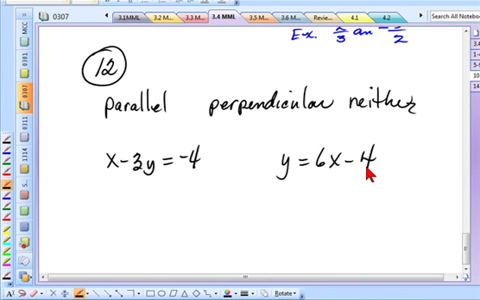All right, if I want the slope, what form does the equation have to be in? Y's got to stand by itself. So for this first one, I'm going to subtract x, and I have negative 3y is equal to negative x minus 4.